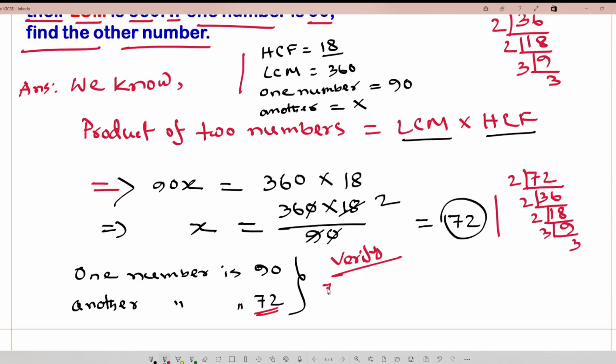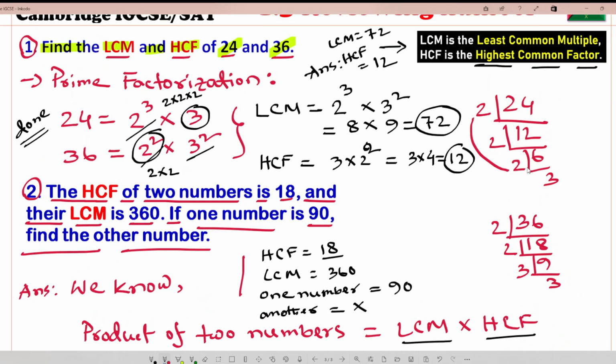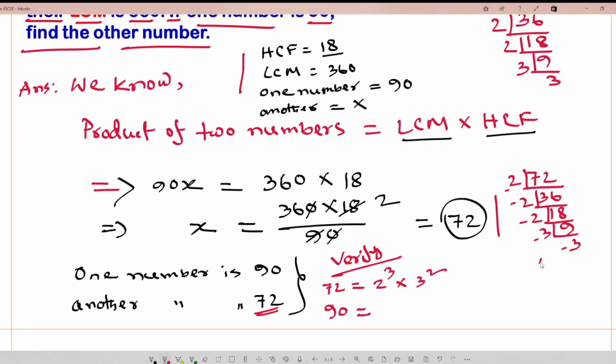So 72 we can write as 2 to the power 3 times 3 square, right? And now 90. Similar thing, divide by 2, so 45, divide by 3, 15, divide by 3, it will be 5.